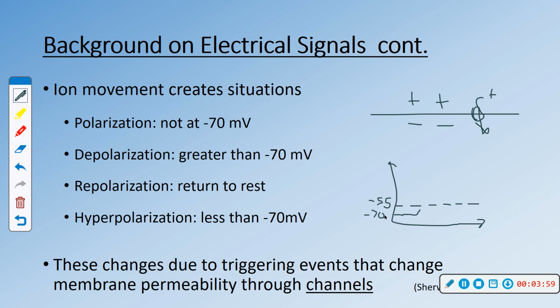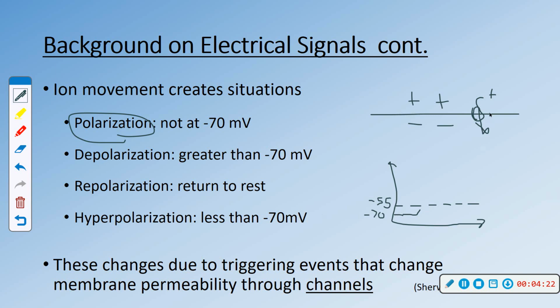Now, when I talk about graded potential, it is the change from a rest position to when that number changes. When I go through polarization, I am no longer at rest. So they say that I will have a graded potential, meaning I have changed.